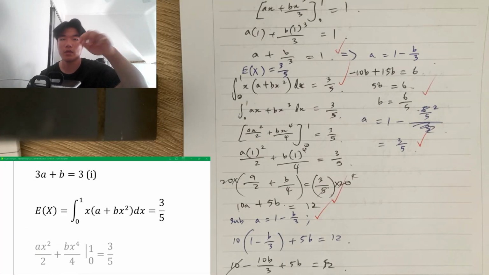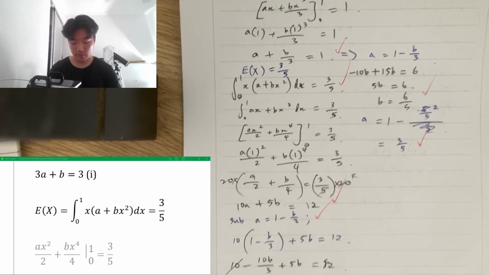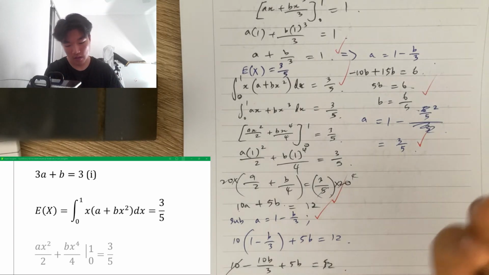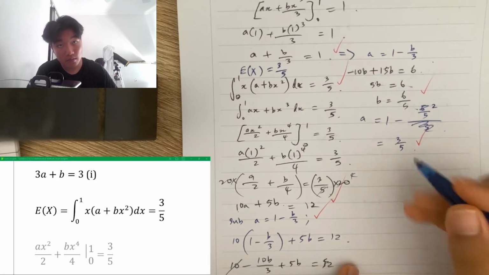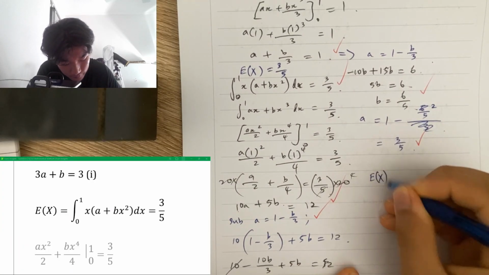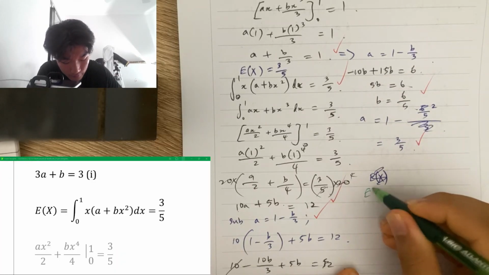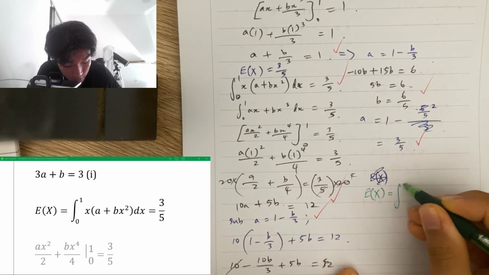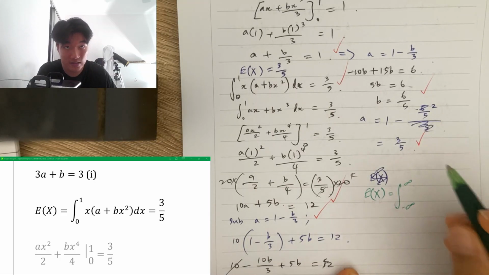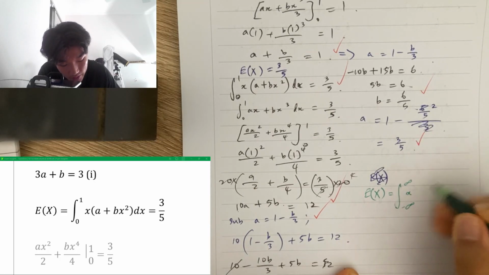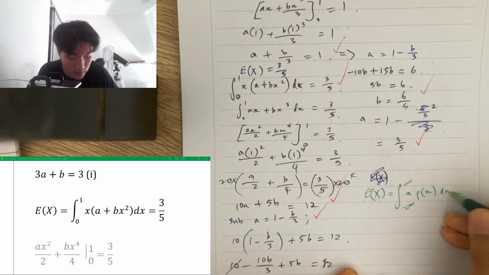Okay, so we need to recognize that the expected value of a continuous random variable is just this. The bounds are negative infinity to infinity because it depends on what the probability density function specifies. We multiply x with p of x, where p of x represents the probability density function in this case.